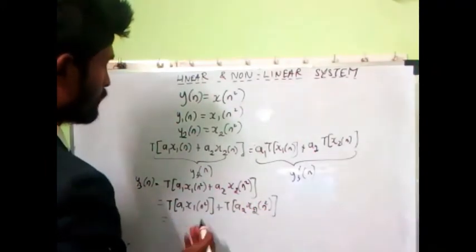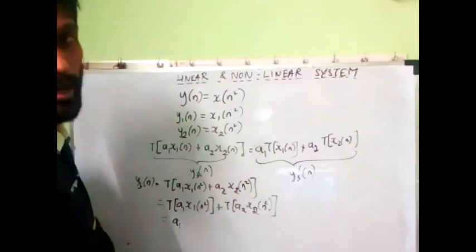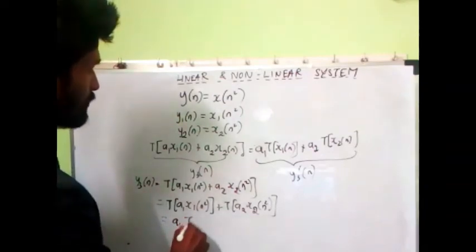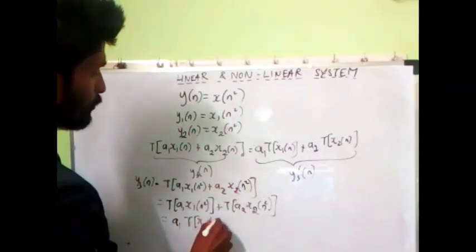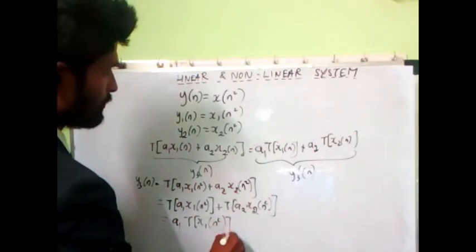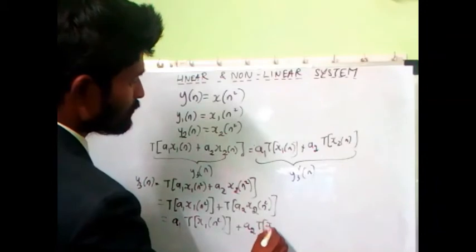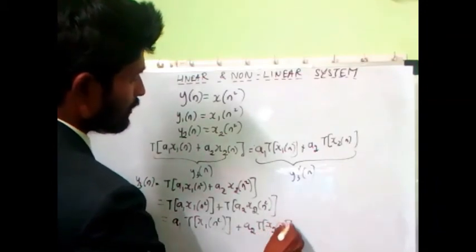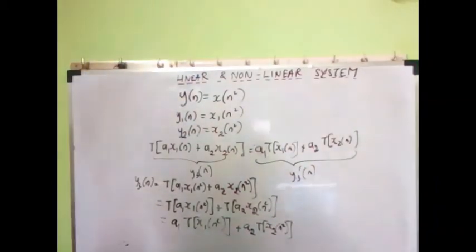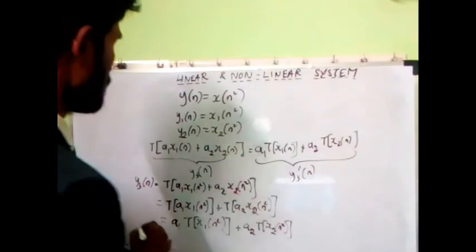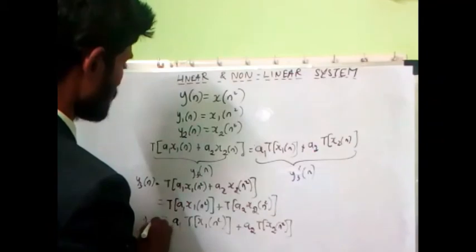Which will be equal to, taking the constants outside, a1 into T of x1 of n square, and afterwards plus a2 into T of x2 of n square. So I got the two terms, and this is the final answer for y3 of n.